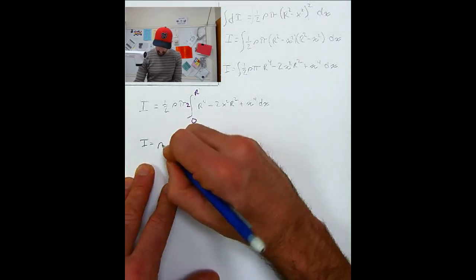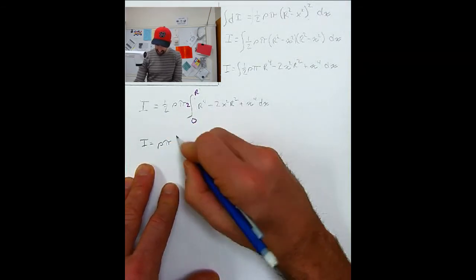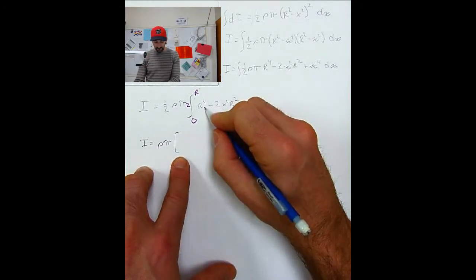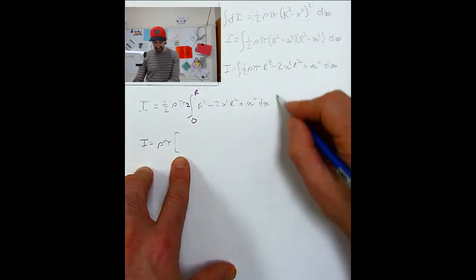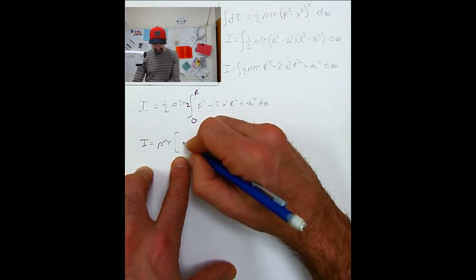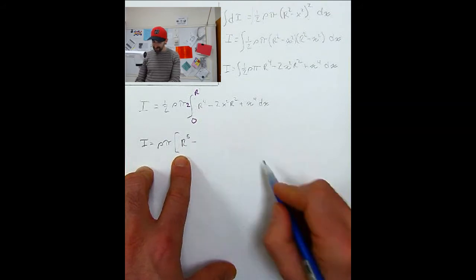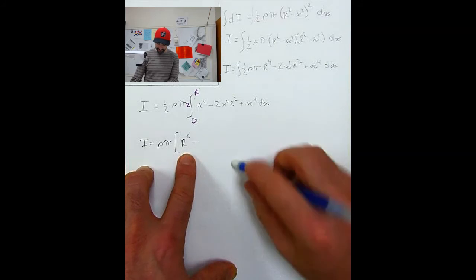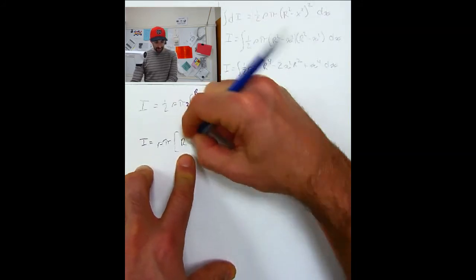So now I have rho times pi times, first I'm going to integrate r to the 4th dx from 0 to r. That's going to be r to the 5th minus, oh, you know what? Let me not skip that because you may not be there.